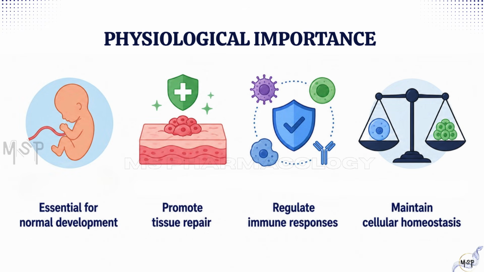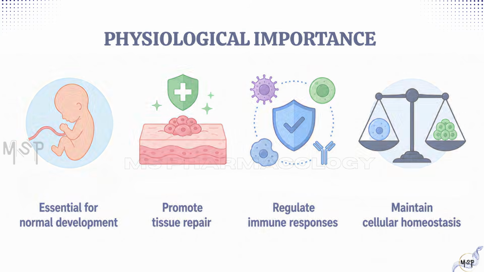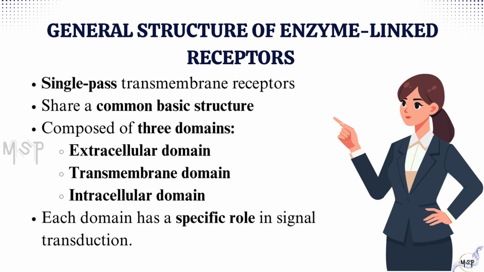Because of these critical roles, enzyme-linked receptors are essential for normal development, tissue repair, immune regulation, and maintaining overall cellular homeostasis. Next, we will focus on one of the most fundamental aspects of enzyme-linked receptors, their general structure. Although enzyme-linked receptors belong to several different receptor families, most of them share a basic structural arrangement.